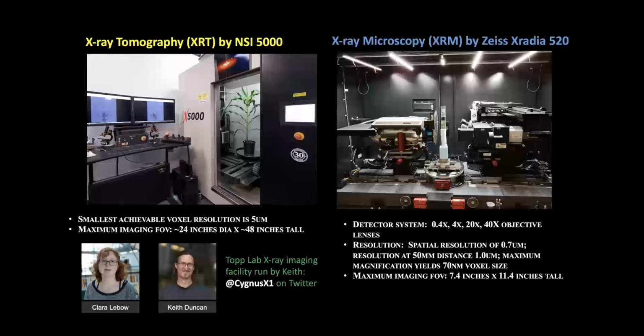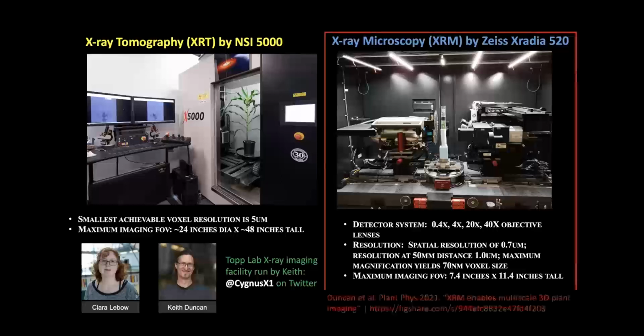And if you're on Twitter or X or whatever, Keith runs the systems. I literally hired him on the day we got this system, and he really makes them sing, and he has a lot of domain knowledge in the area. He's a good follow on Twitter because there are lots of pretty pictures, and he's a good person to talk to as you develop your own X-ray tools.